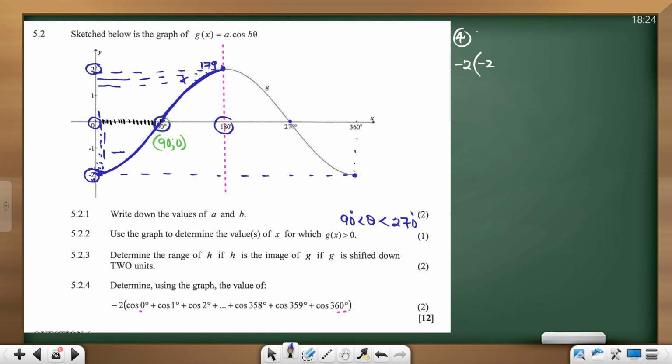The cos 180, which is 2, right, has been cancelled out by what? Cos 0, which is -2. We have already cancelled all of this out until halfway. 180 has been cancelled out by what? Now I have 181, which is same thing as 179. And that would only be cancelled out by what? 350. All of these again will be cancelled out, except what?